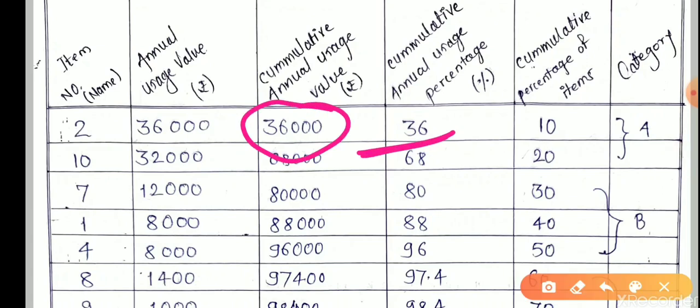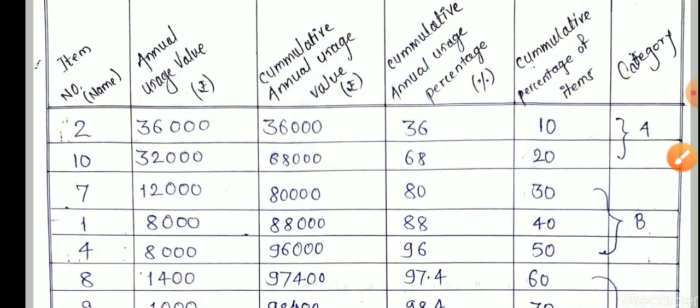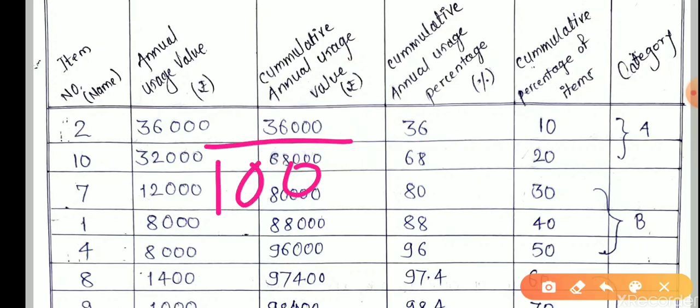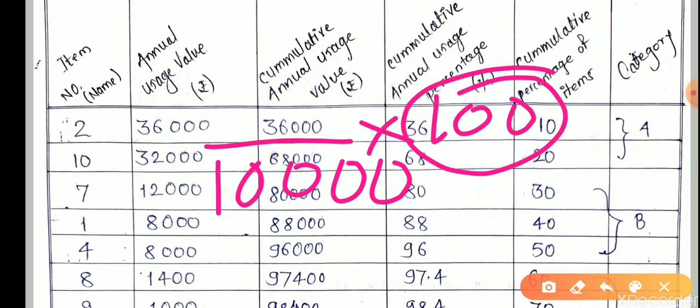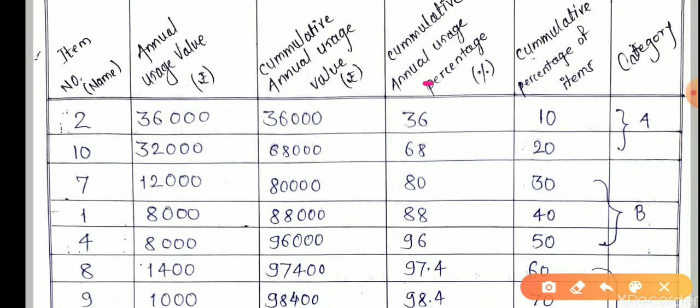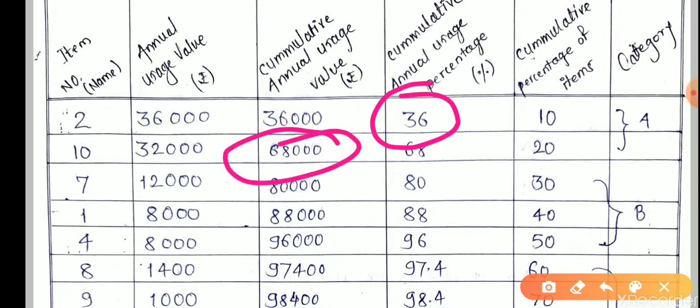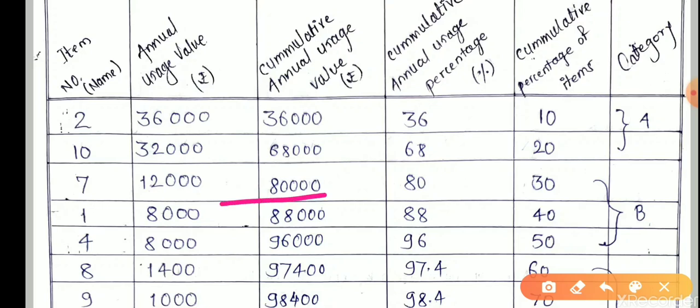Similarly, 68,000 divided by 1 lakh rupees into 100 becomes 68. Similarly, 80,000 rupees divided by 1 lakh into 100 becomes 80 percent.